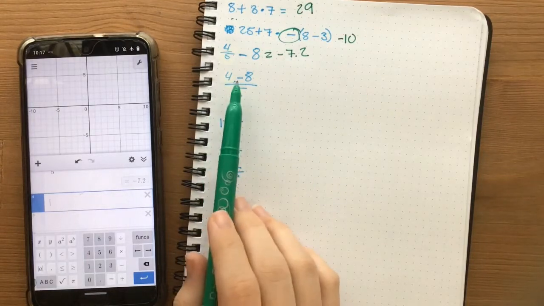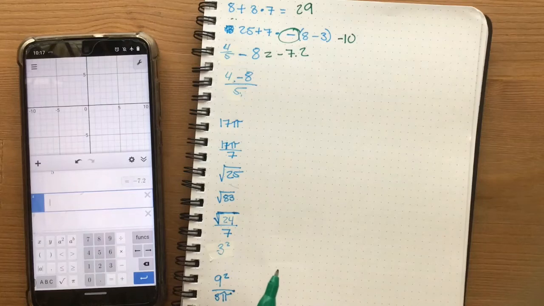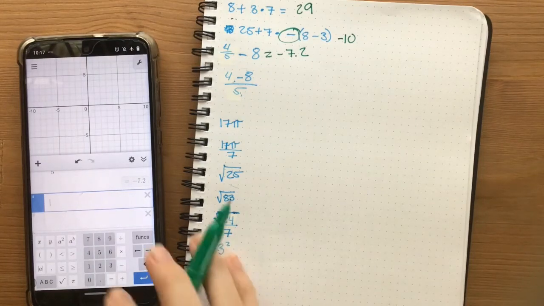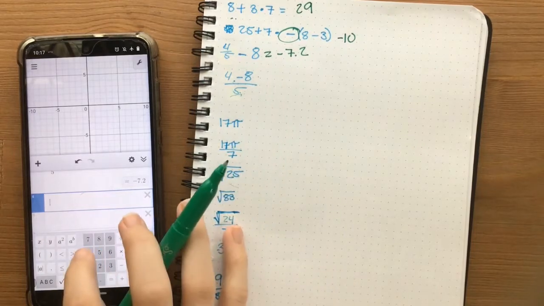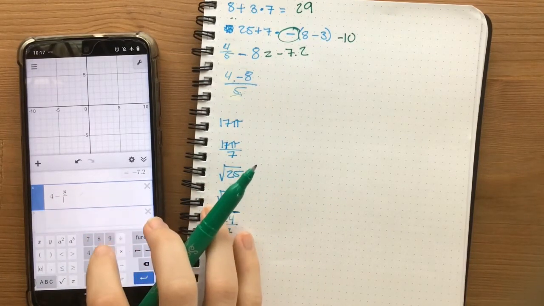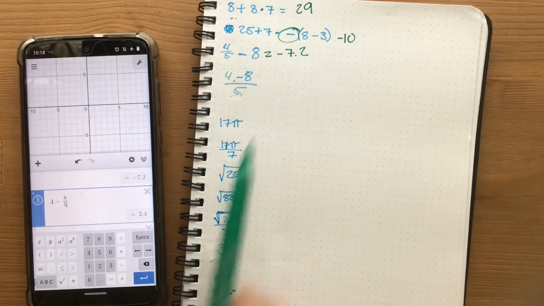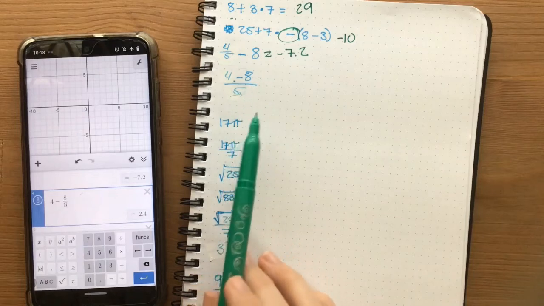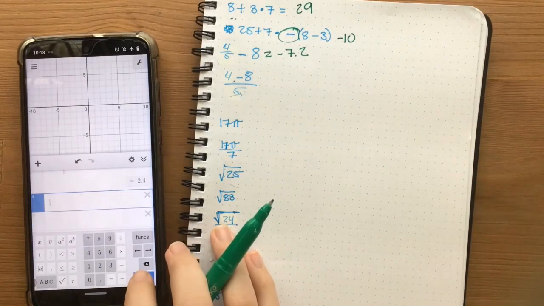And then I have 4 minus 8 divided by 5. So this is another one where it's going to type something in automatically that's a little bit off, and we don't want that. If I typed it in exactly like it is here, I would get 4 minus 8 divided by 5. And you see it has 8/5 here, and that's not what it has here. So what I need to do is start over.